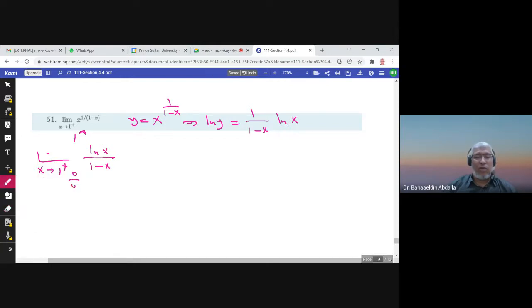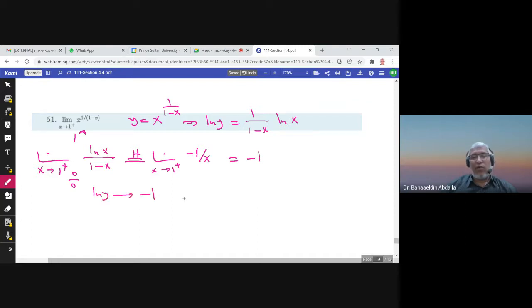So it is 0 over 0. I can use L'Hopital's. Derivative of ln x is 1 over x, and derivative of 1 minus x is negative 1. Negative 1 over 1, that's negative 1.